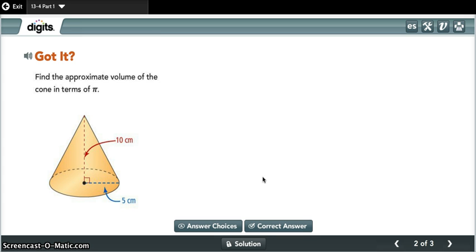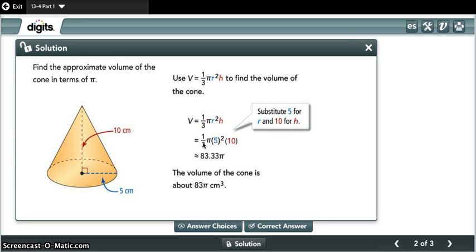And for this one, if you left it in terms of pi, that's totally fine. The answer will have that, but we'll go ahead and calculate it out. So 1/3 pi radius squared times height. Radius is 5, and the height is 10. So 1/3 pi radius squared, so 5 squared is 25. 25 times 10 is 250.